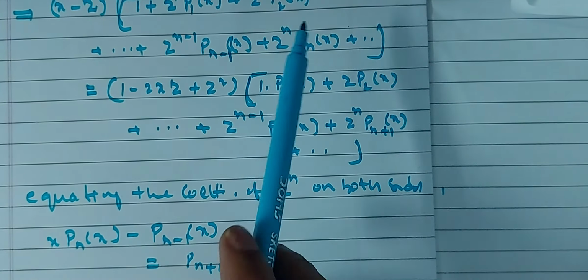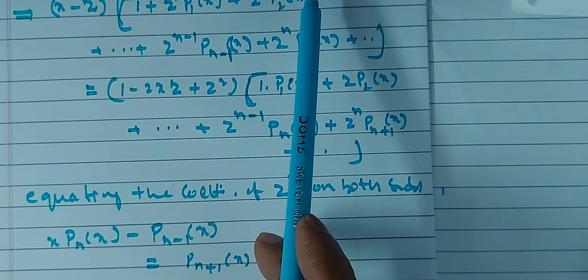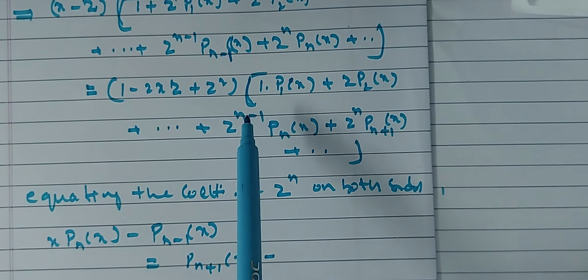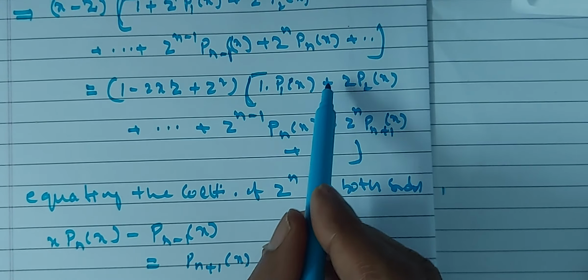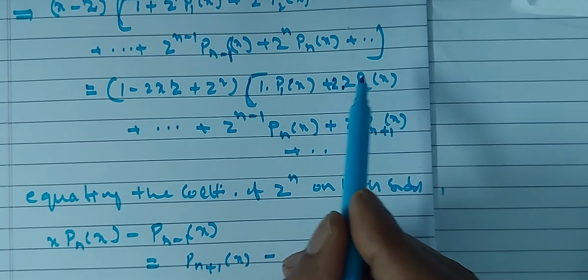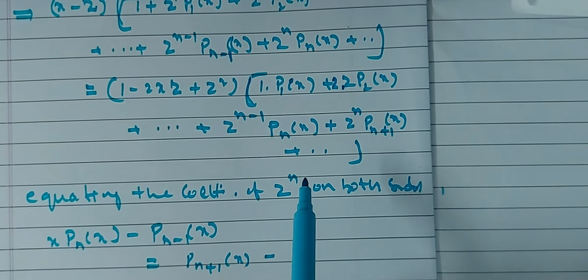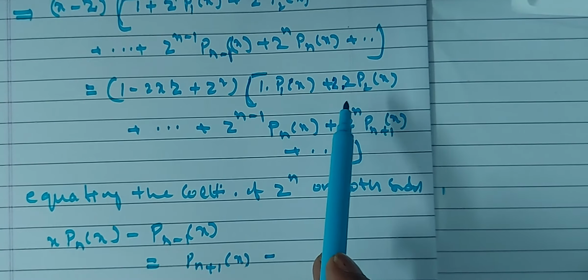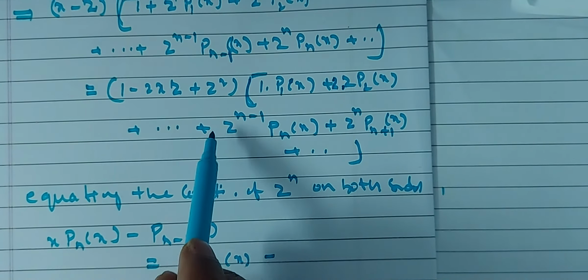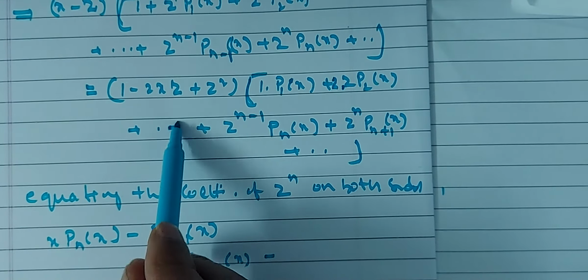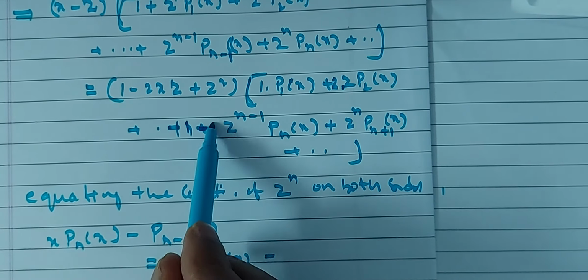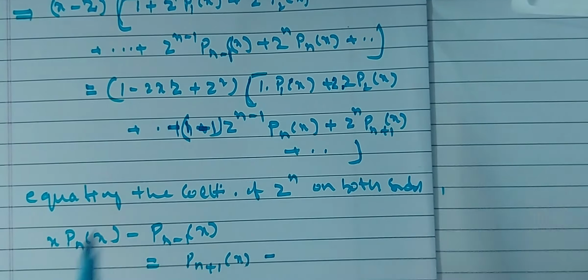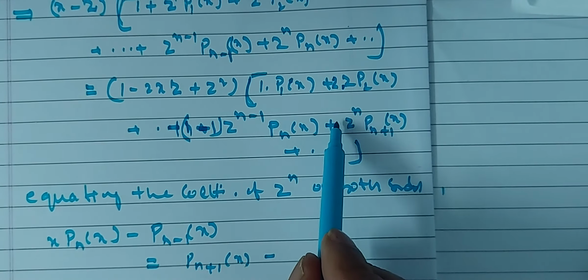In this step n also we can substitute. N is equal to 1 means the total is 1 z power n, and n is equal to 2, here is 2 into 2z, that is 2 into z P2 of x and so on. Here is n minus 1 into z to the power of n minus 1, whereas here is n.